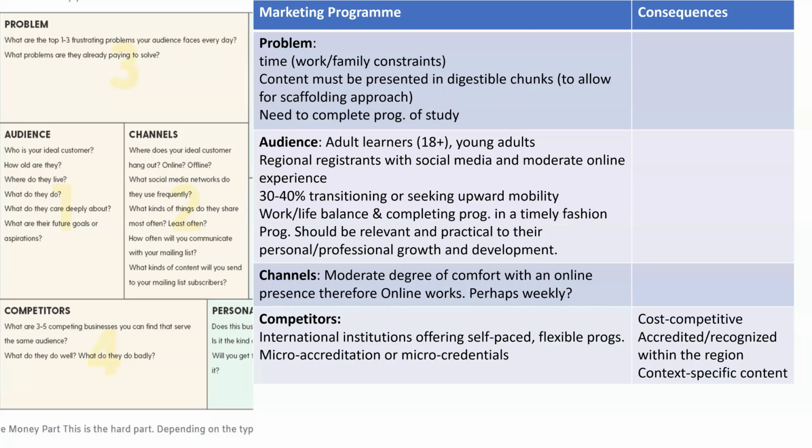And then, of course, we have the advantage that ours is often context specific, so it would be more relevant to people who want to take the program. But we also have the problem with our competitors that people can do all these micro accreditation programs as well. In terms of the channels that we can reach them, it will be primarily online.